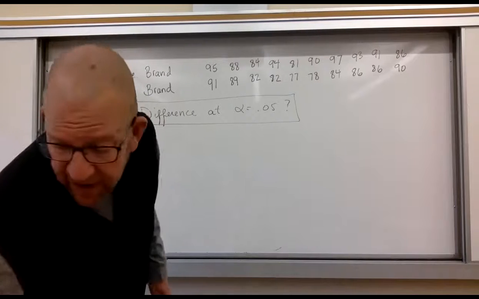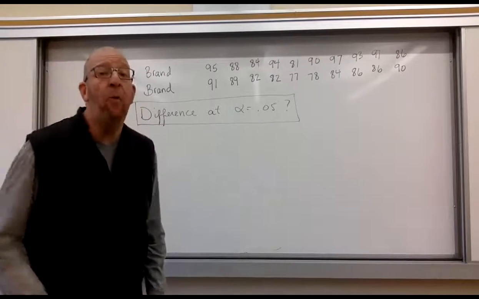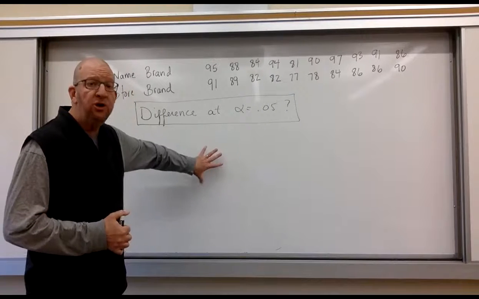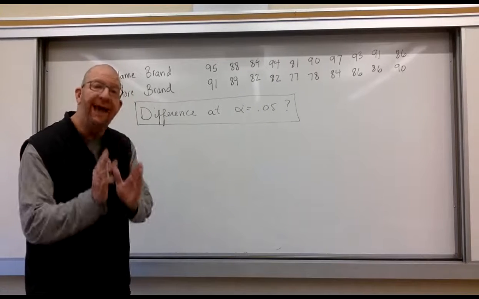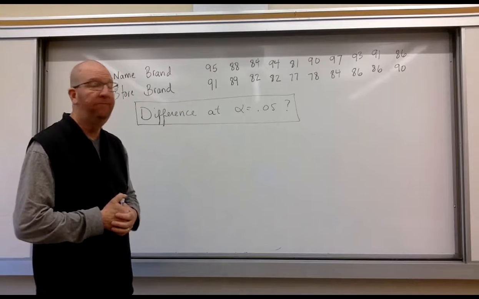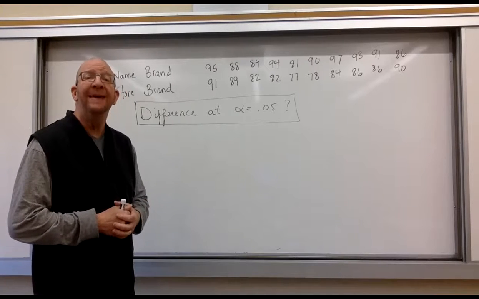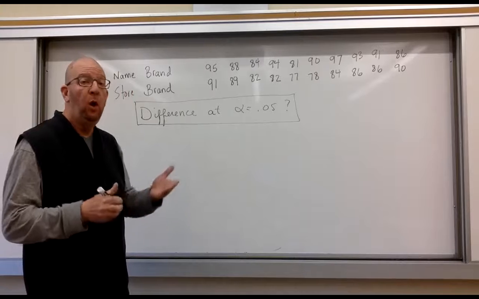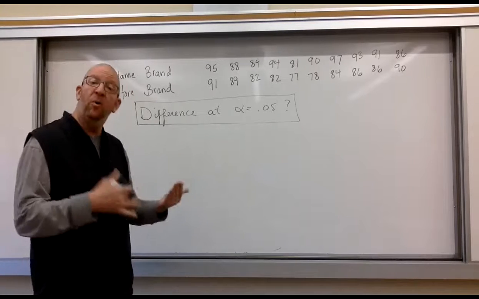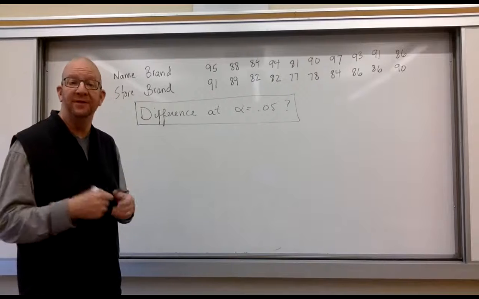Well, okay, we're back. We've entered the data in L1 and L2, and now we're going to set up our hypothesis test. What I'm going to show you here is the exact method that we want you to do when solving this problem. The first thing we're going to do is identify mu1 and mu2, x bar 1, x bar 2, s1, and s2.